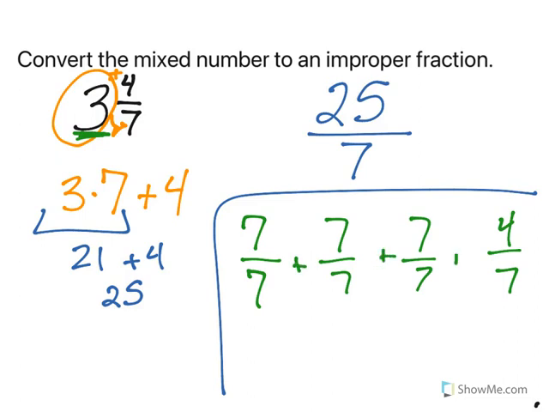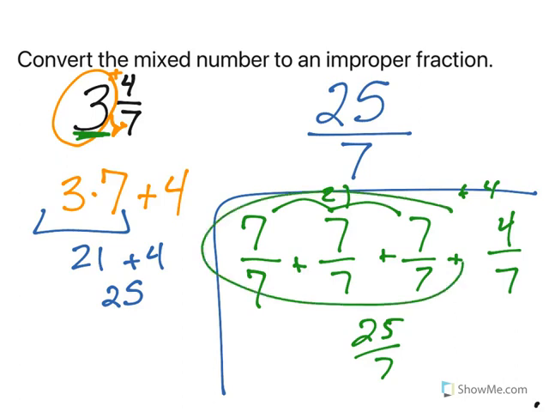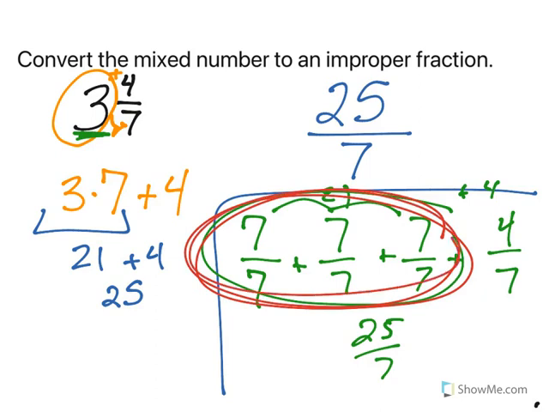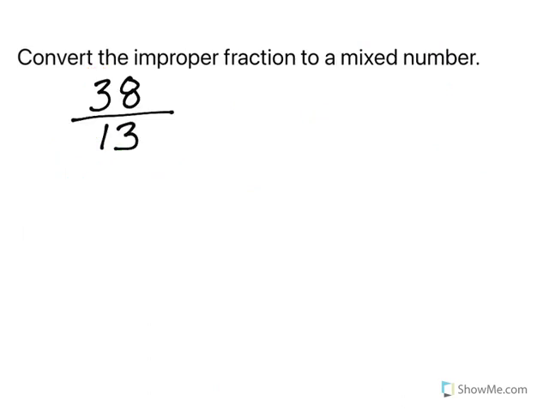So if I add all of these together, 7 plus 7 plus 7 is 21, plus 4 gives me 25 over 7. So that's kind of breaking it down. That's why we can take 3 times 7, because that represents this piece right here, where I have 7 over 7 three times. So the improper fraction is 25 over 7.